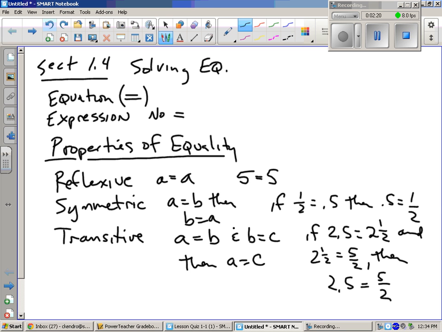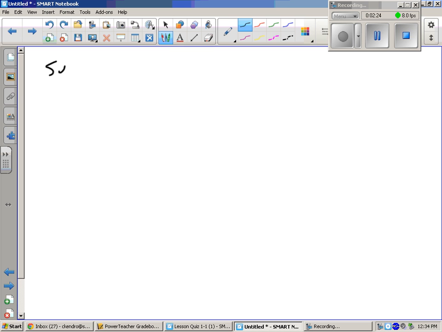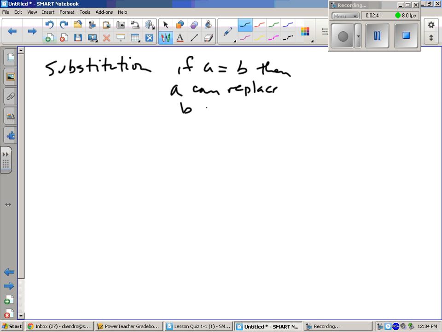The next one, I'm going to go to the next page. We have substitution. That's if A equals B, then A can replace B, and vice versa.